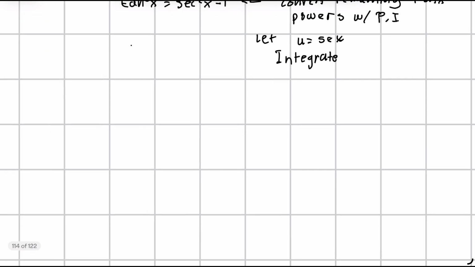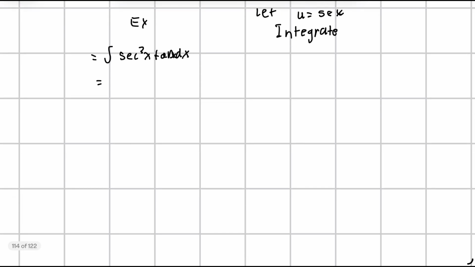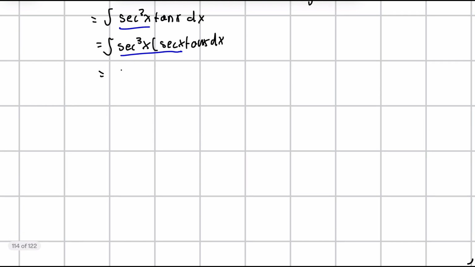So let's do an example of this. We have the integral of secant to the power of 3 of x tangent x times dx. So then we're going to rewrite this a little neater. We have secant squared x, and we'll rewrite tan x. We have secant x tan x dx. We can rewrite the power of 3 with this. So then we just have u equal to secant x, and then we're going to let du equal the derivative of this.